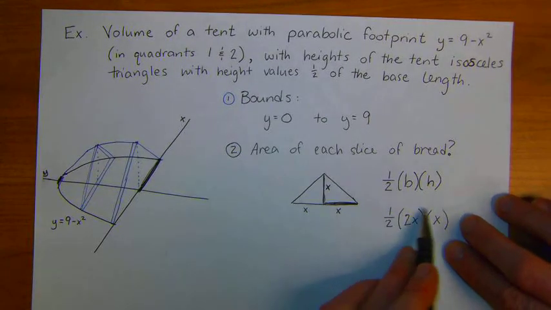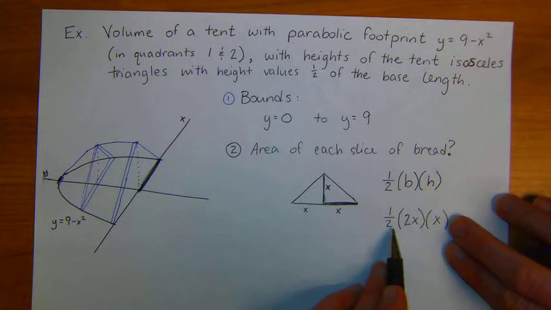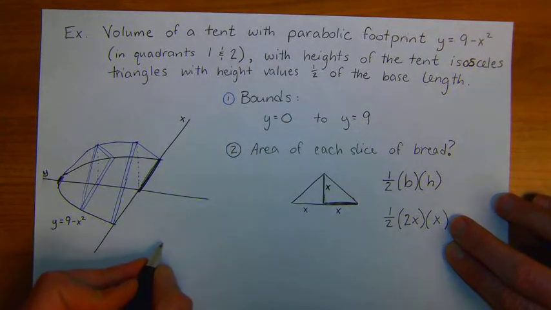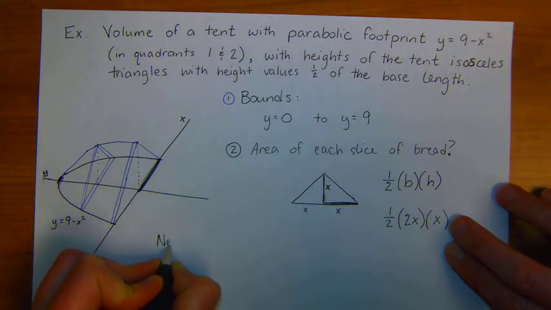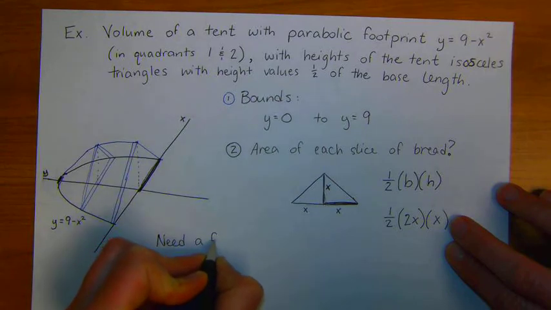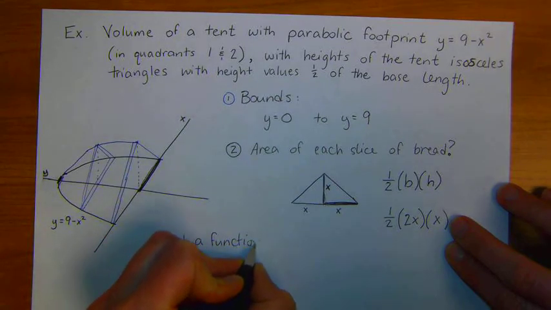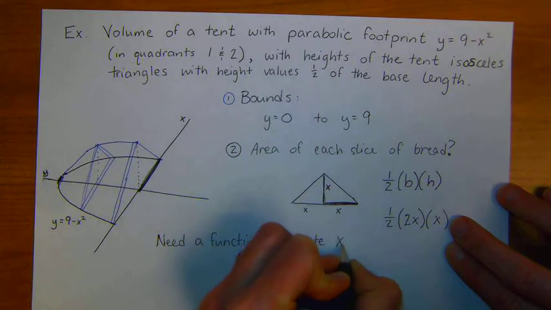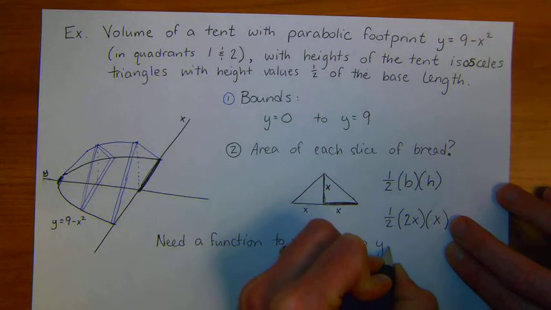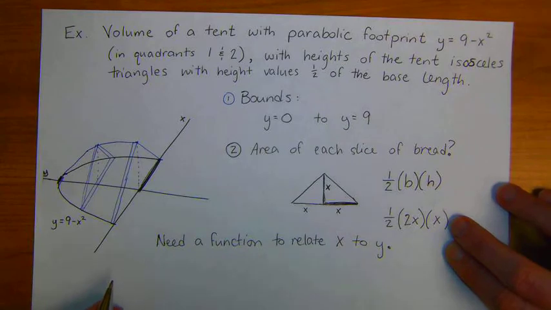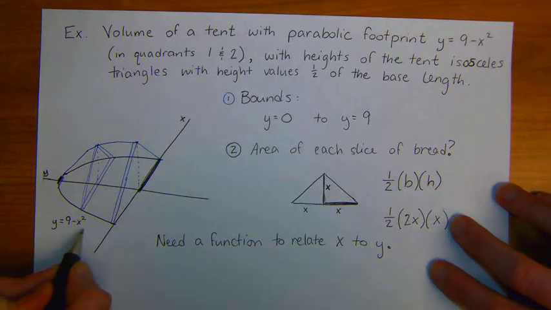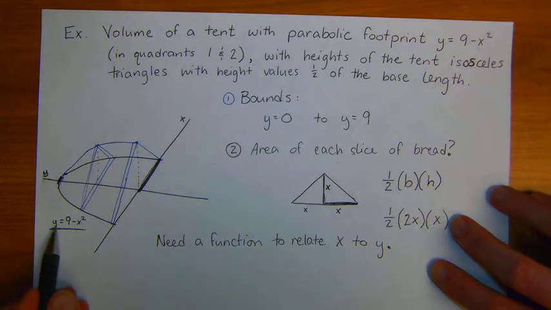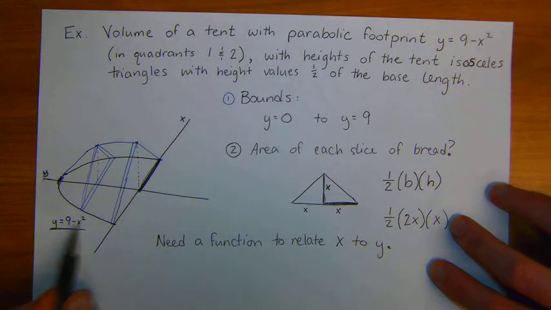But we need a way to relate our x, this function, to our y. This is the hard part. We need a function to relate x to y. Thankfully, unlike the cone example that we did previously, in this example we're given an explicit formula that relates our value of y to our value of x.